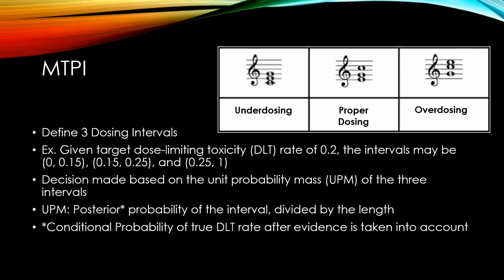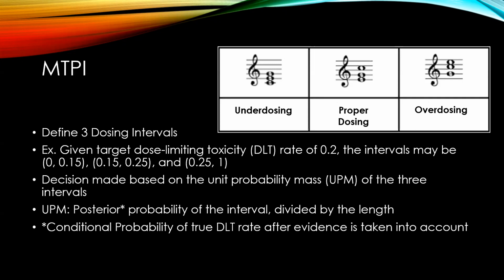So essentially, when you're creating the MTPI, you're going to define 3 dosing intervals. So for example, we can say we have a target DLT rate, or dose limiting toxicity rate, of 20% or 0.2.